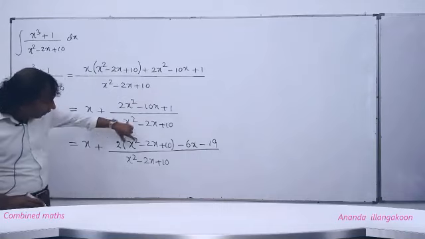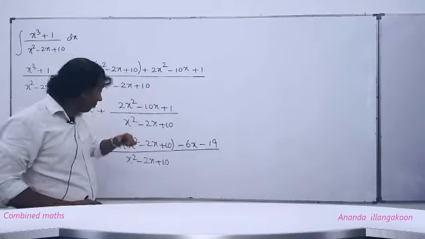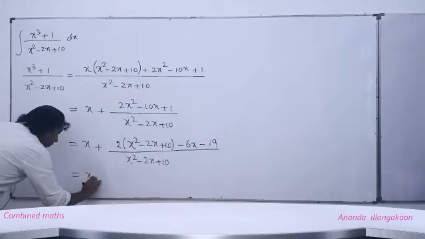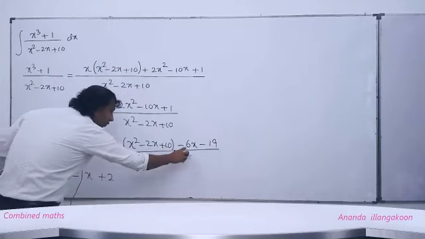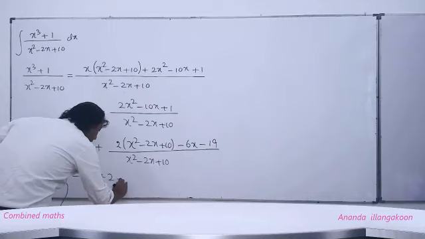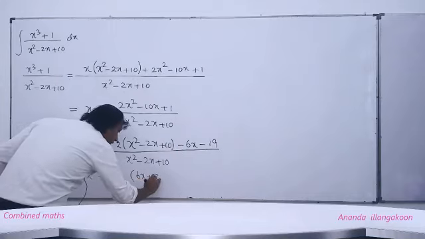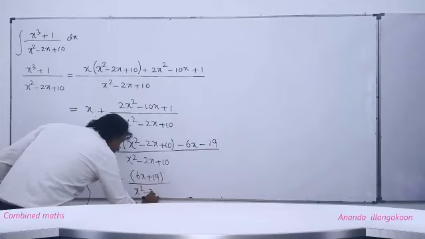Now we divide this by this and this whole thing by this. That's our next step. We get x, then divide this by this, we get plus 2. Take this minus sign out, then we get 6x plus 19 divided by x squared minus 2x plus 10.